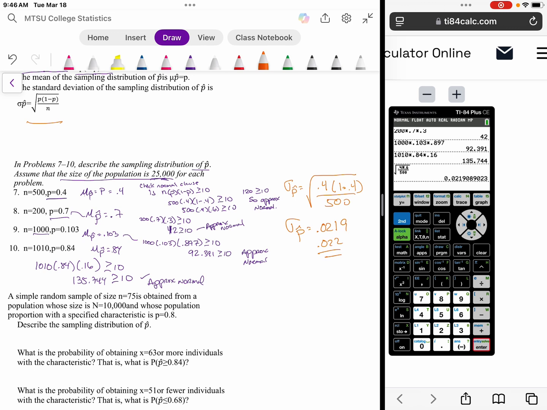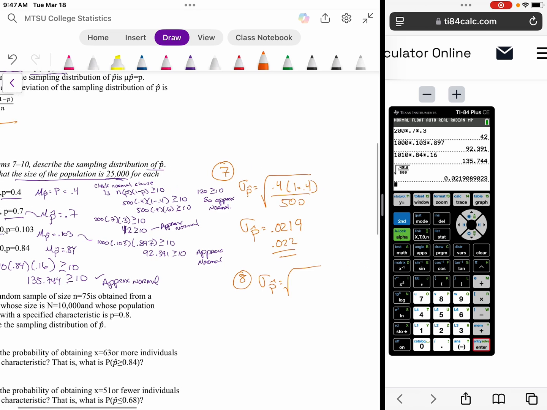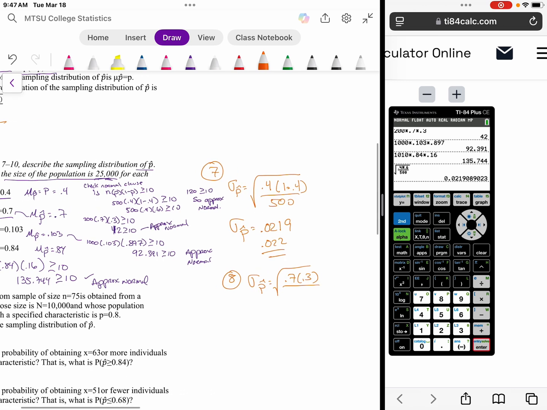Again, for each one of these, that was number 7. We can do the same thing. So for number 8, we would go through and say, all right, I know it's approximately normal, so I can go ahead and calculate this thing. So we can say the standard deviation of p hat would be the square root of 0.7 times 0.3 over 200.